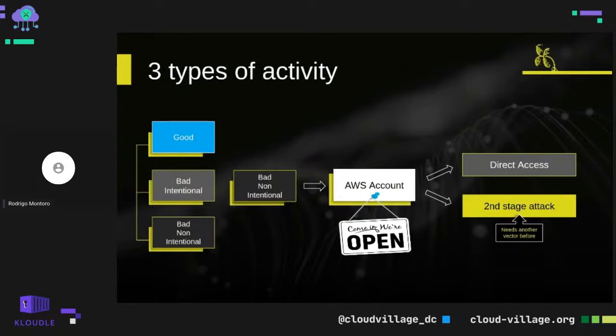Most of the things he told fit the second stage, where you have the endpoint open, probably for Redshift or RDS, but you need some extra thing like a user and pass. But he mentioned Elasticsearch open, so you have direct access in this kind of case. Of those three types of activities, the bad non-intentional is what we are looking for.